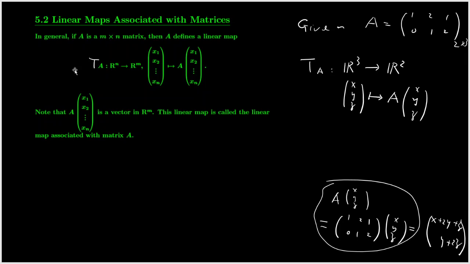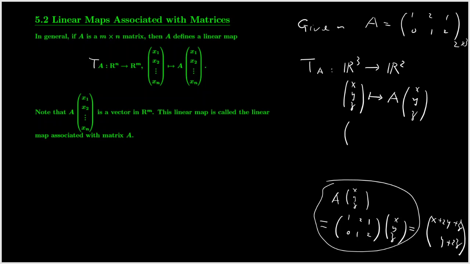Again, the point is every 2 by 3 matrix, and in general an m by n matrix, determines a linear map from Rn to Rm. A 2 by 3 matrix determines a linear map from R3 to R2. And of course, you have to write out the answer.